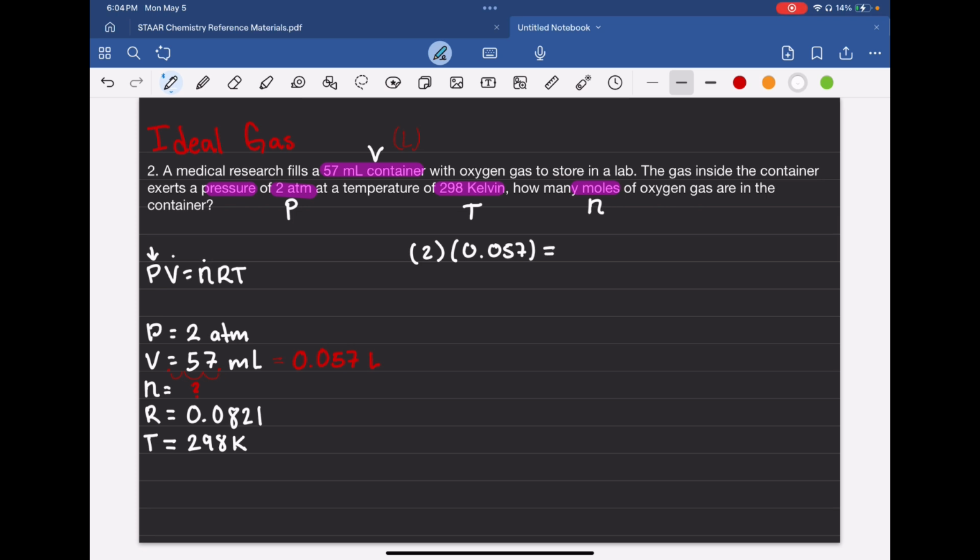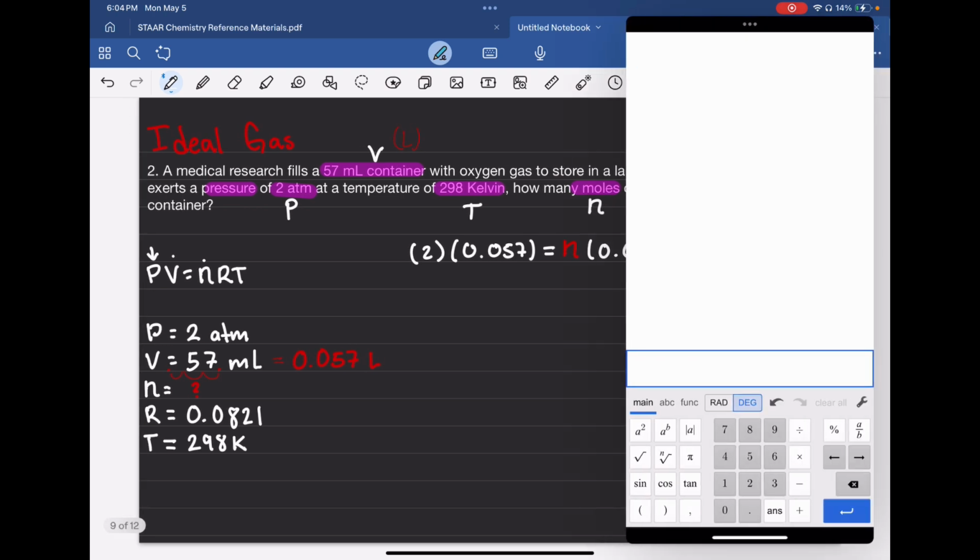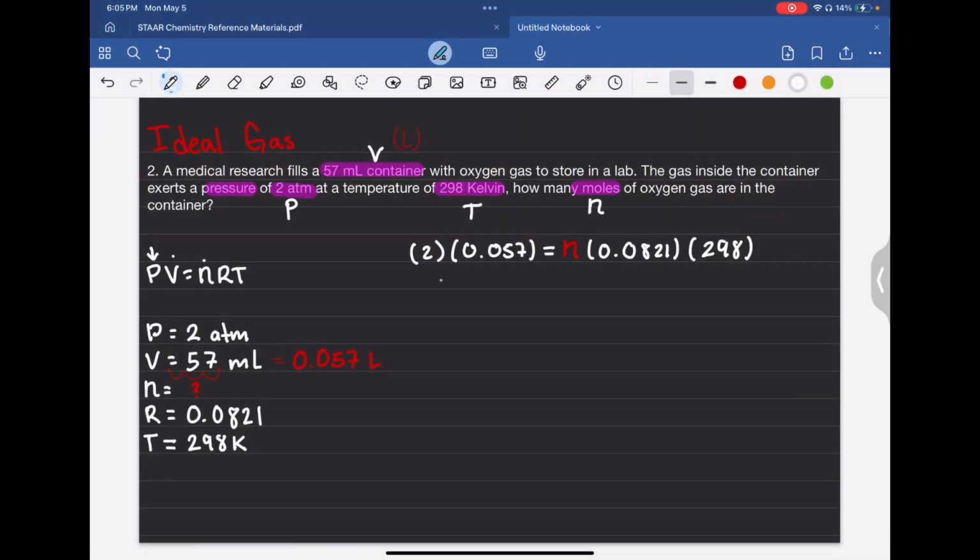Our moles is unknown, so we're going to put our unknown variable, times our constant, which is 0.0821, times our temperature, 298. Okay, so we're going to put this in our calculator. So 2 times 0.057 equals 0.114.